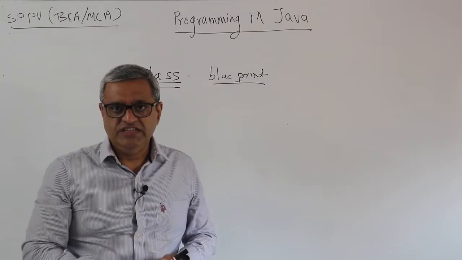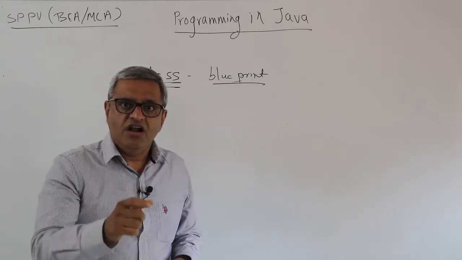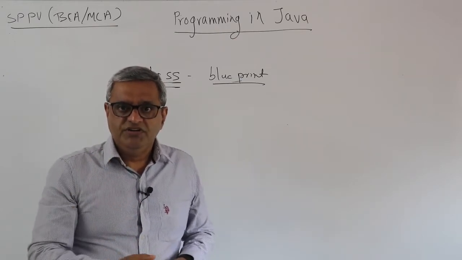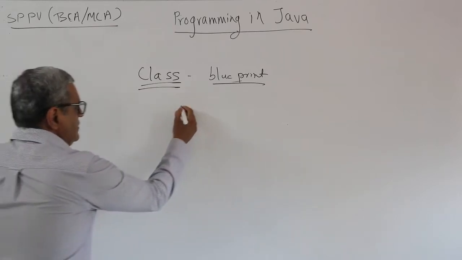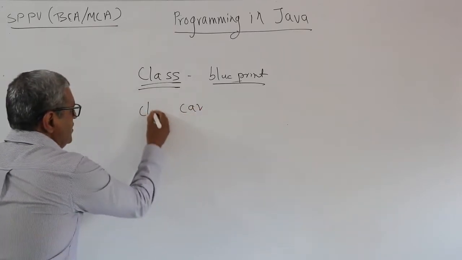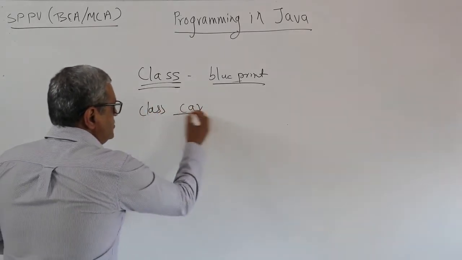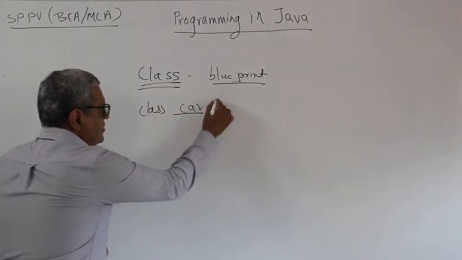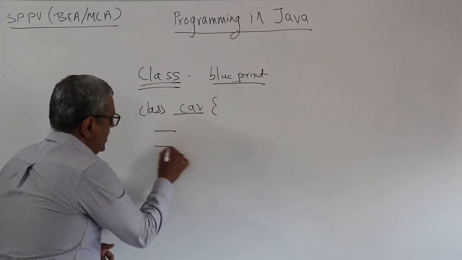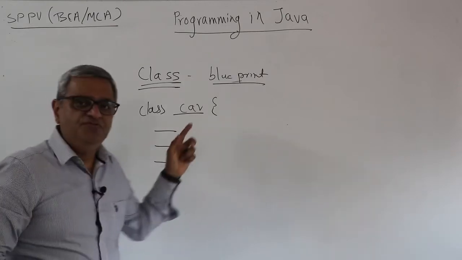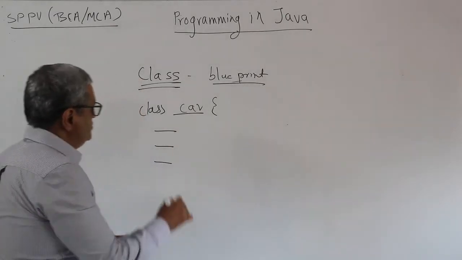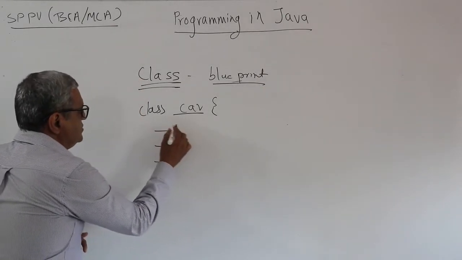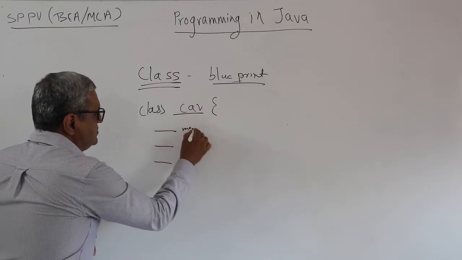So if I say that a class is a blueprint of car, if I have a class of type car, then I will have different attributes. First attribute could be manufacturer name.